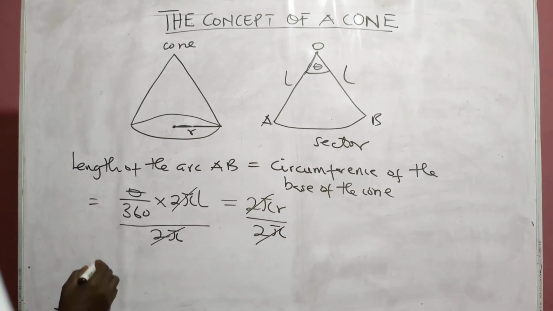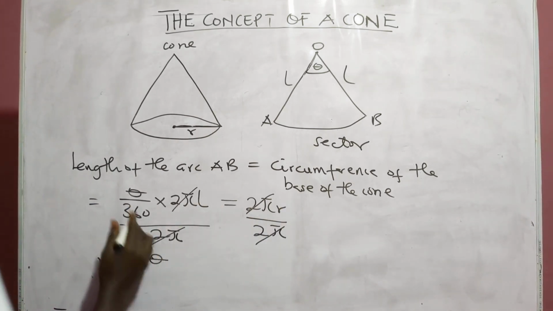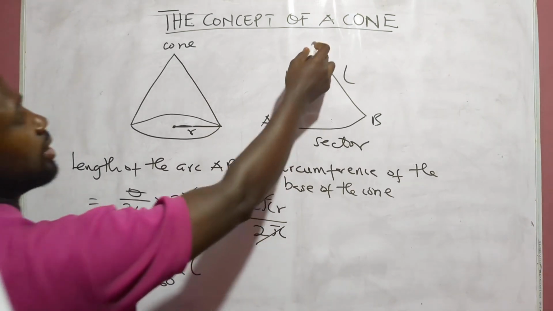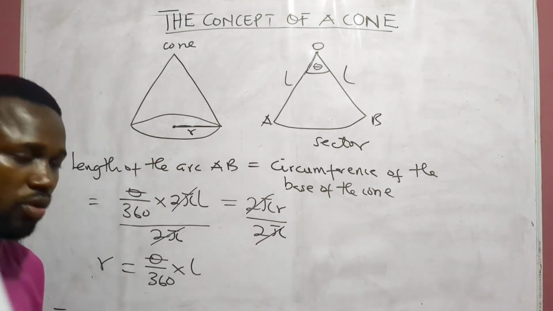Then what do we have? Our r here will be equal to theta on 360 times the L, where the L is the radius of the sector. So this radius here is the radius of the cone.